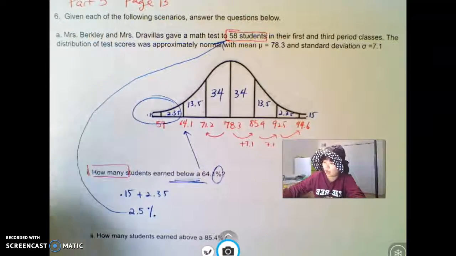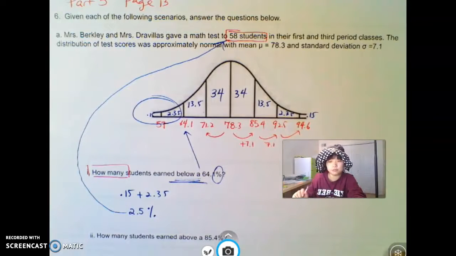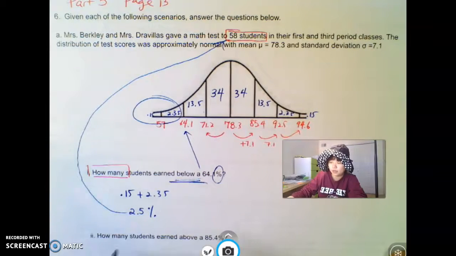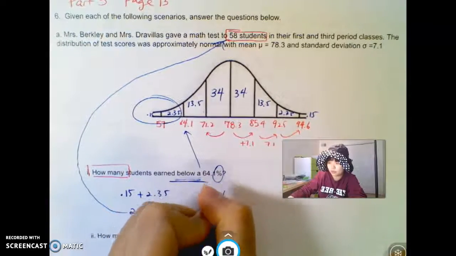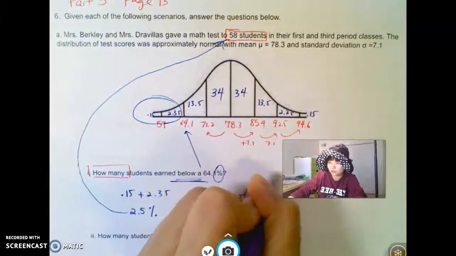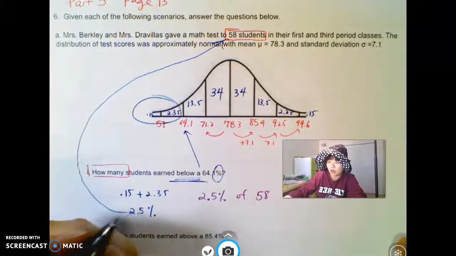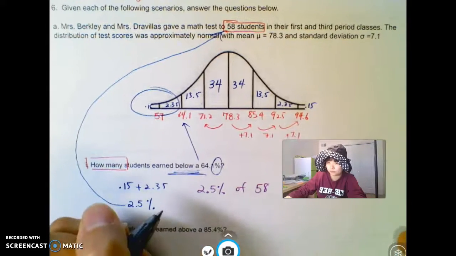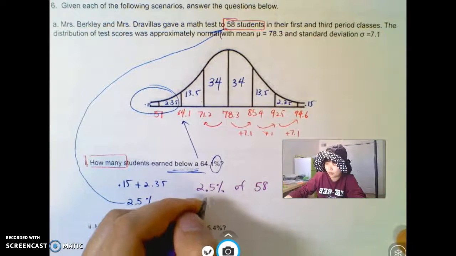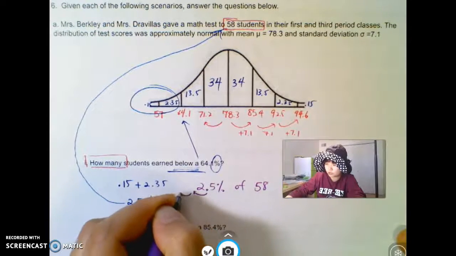So there are many ways of doing this. I find this to be the easiest way. So first, you're really looking for this. 2.5% of 58 students is what you're doing. I would either change the percent into a decimal or a fraction. If you're doing the decimal way, it'll be moving 2 decimal places to the left.